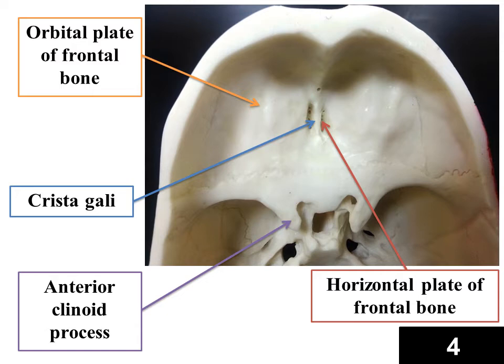Here, with the purple color arrow, you can see the posterior border of the lesser wing of the sphenoid, which projects backward and medially to form the anterior clinoid process.